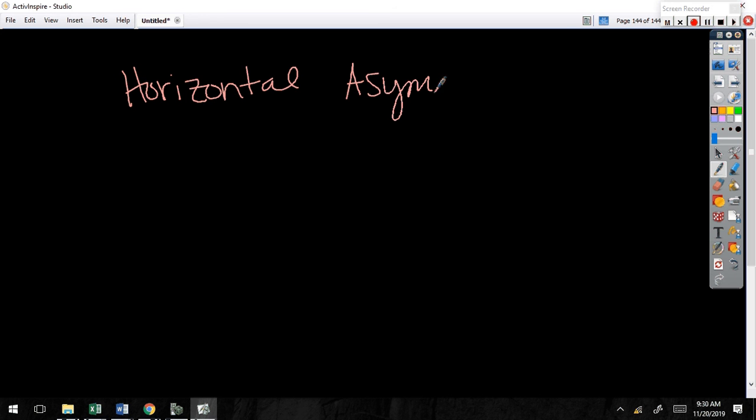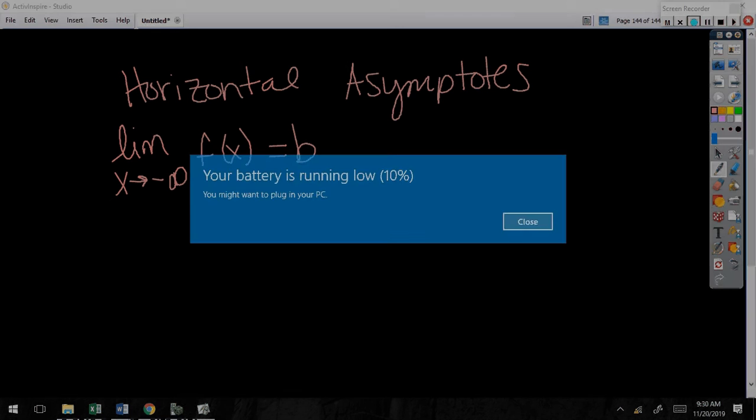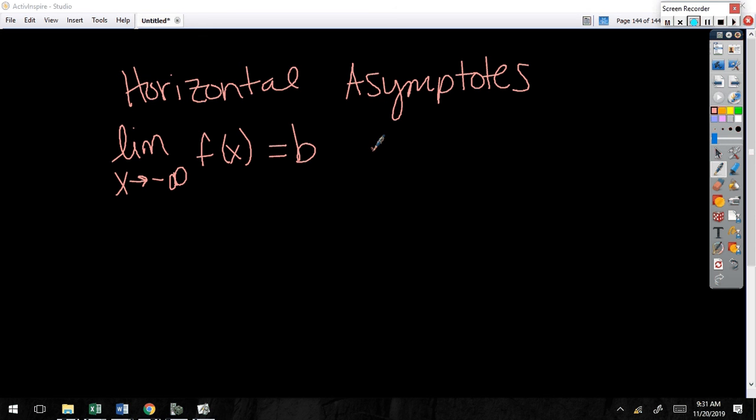So a horizontal asymptote happens when the limit as x approaches negative infinity equals a number, or as you approach positive infinity.